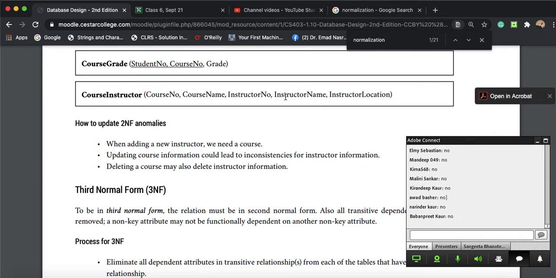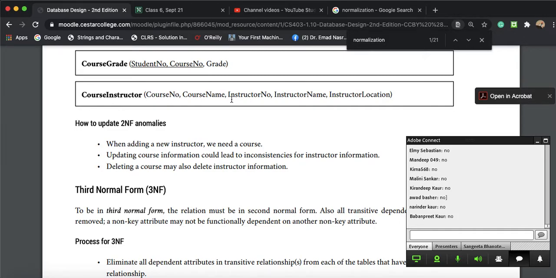What's the problem? We have a non-key attribute that depends on another non-key attribute. This is the problem, and this is the transitive dependency. Transitive dependency means a non-key attribute depends on a non-key attribute. So it's transitive. Why?